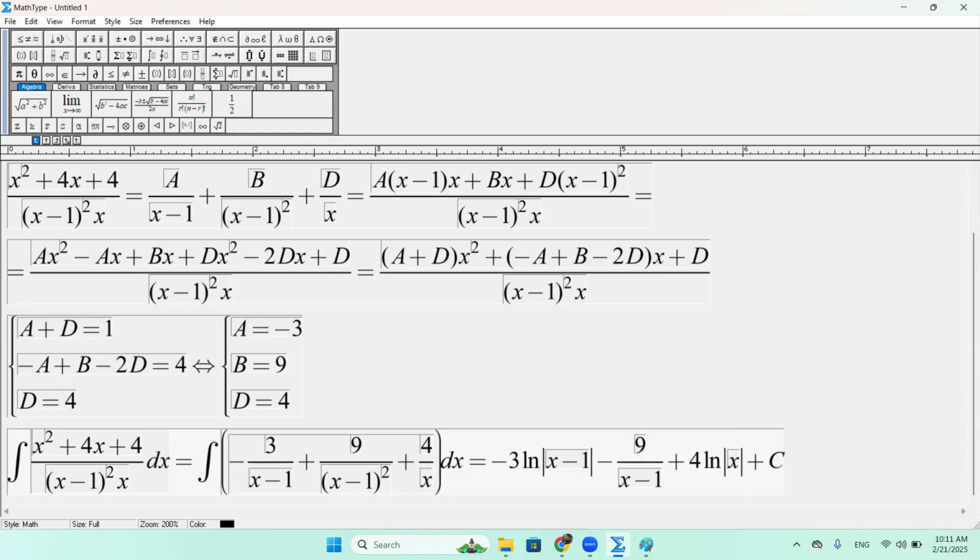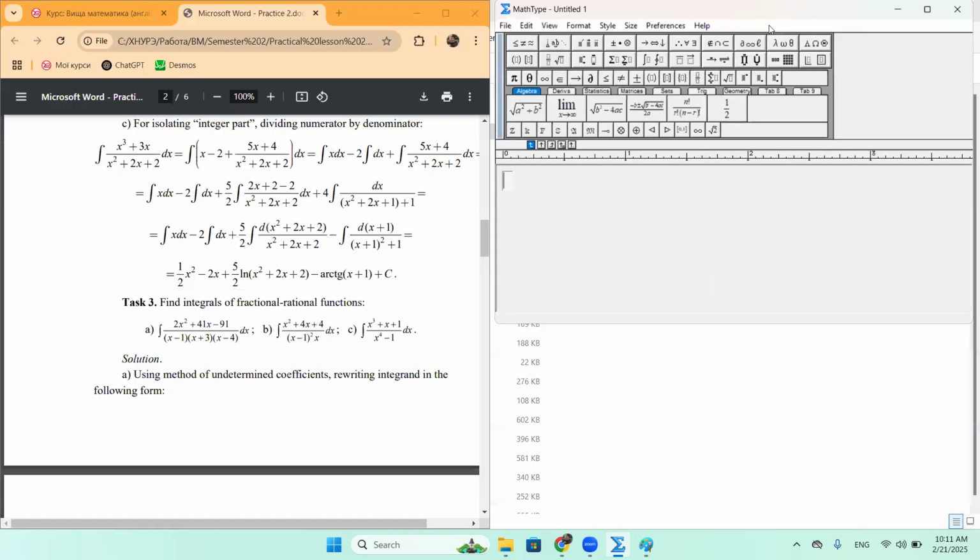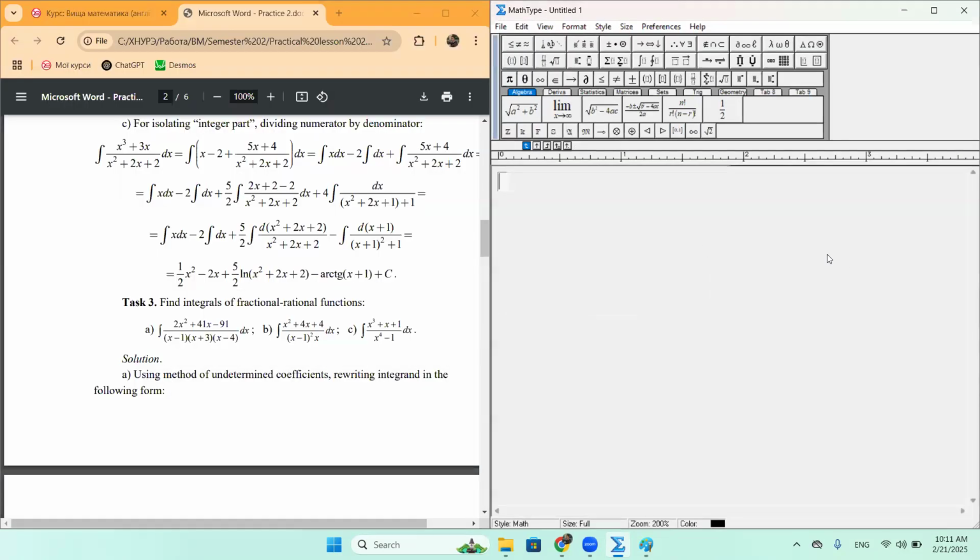No. Okay, and let's solve one more exercise, one more case of undetermined coefficients. You will understand what the case is here.